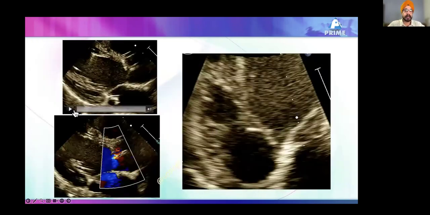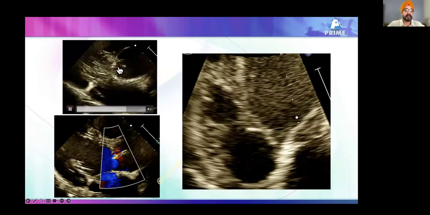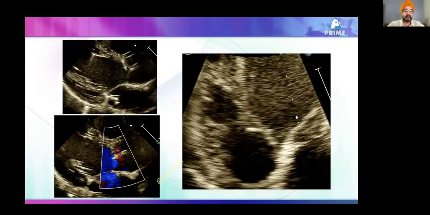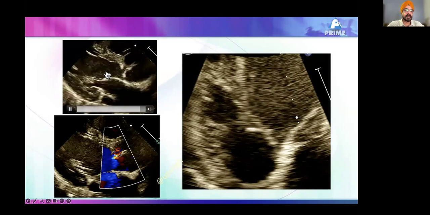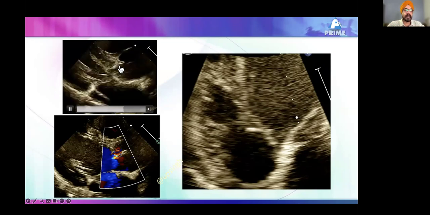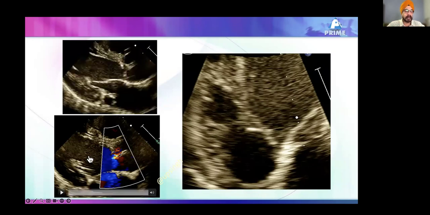As I was telling you many a times, the distance between the subaortic membrane and aortic valve is too short and small, and you can actually miss these kind of subaortic membranes. And this is the subaortic membrane just abutting the right coronary cusp.